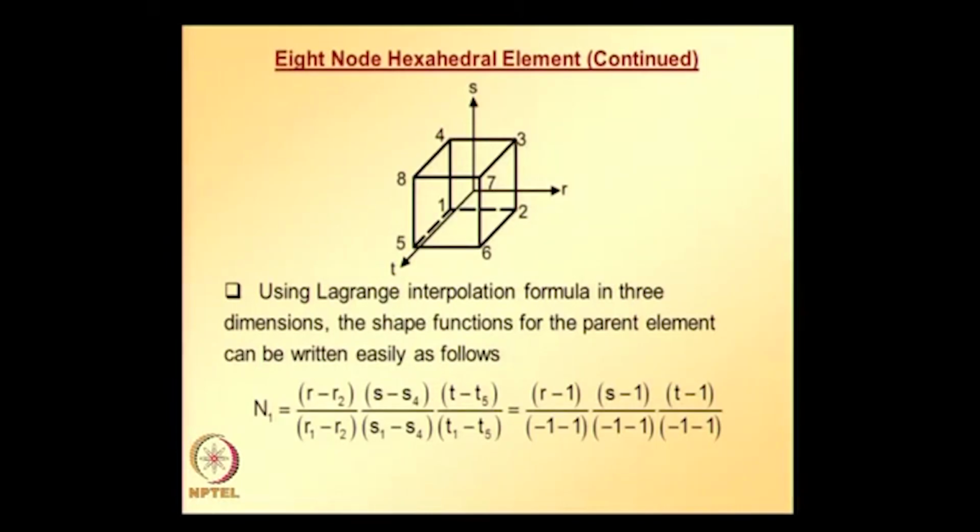N1 is equal to (R minus R2), (S minus S4), (T minus T5) divided by (R1 minus R2) times (S1 minus S4) times (T1 minus T5), and by substituting the nodal coordinates R1, R2, S1, S4, T1, T5, we get the shape function corresponding to node 1 as 1 over 8 times (1 minus R), (1 minus S), (1 minus T).